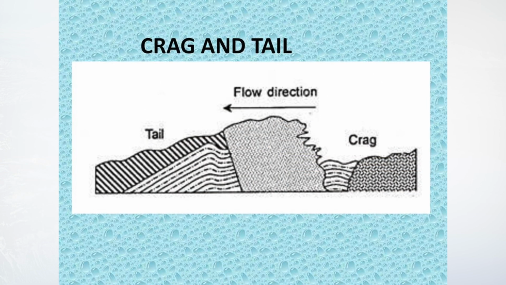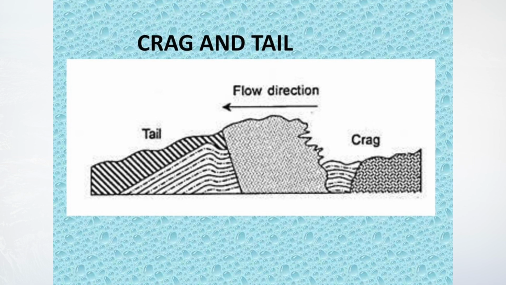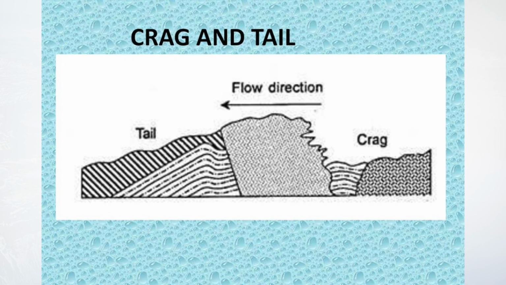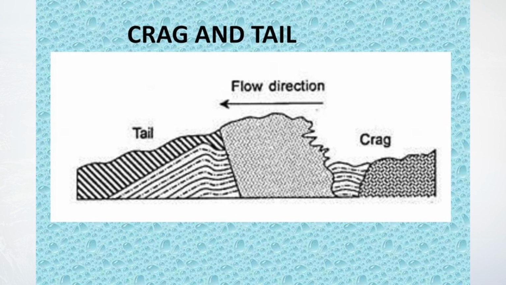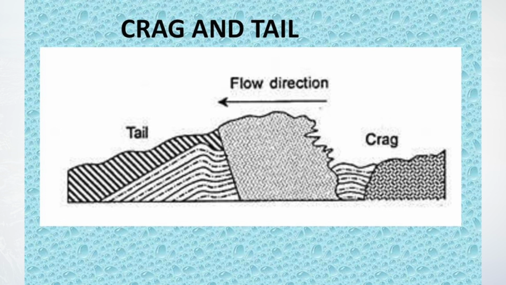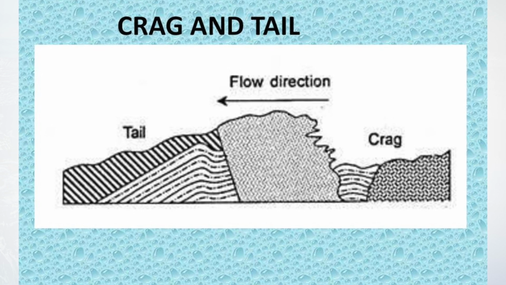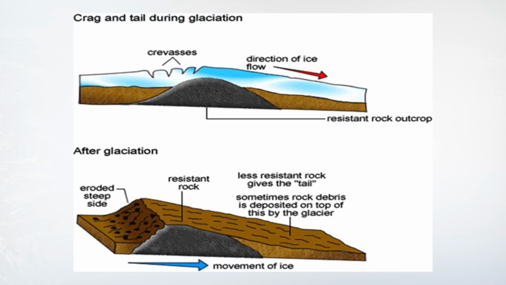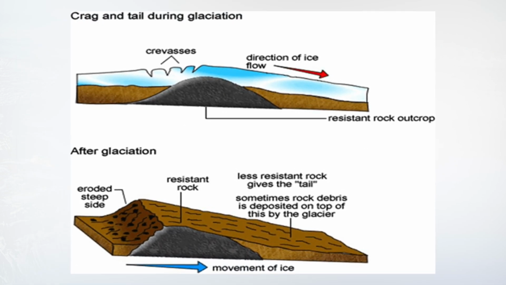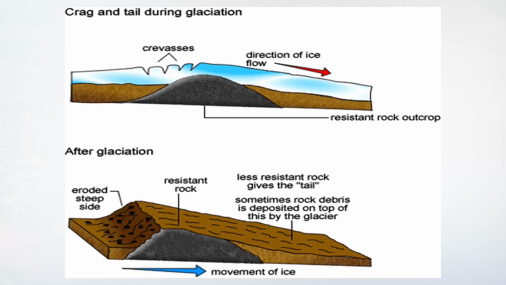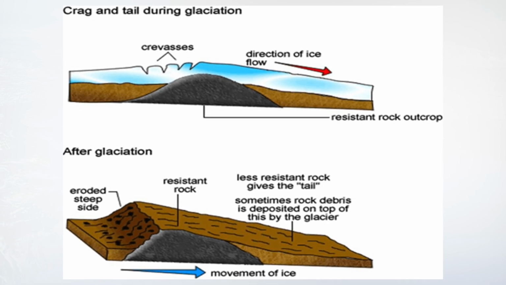The volcanic plugs offer resistance in the flow direction of the glacier ice, and hence the side facing the direction from which the glacier ice comes becomes steep due to erosion and is called the crag. On the other hand, the other side, being sheltered by the glacial ice, becomes elongated with gentle slope and appears like a tail.